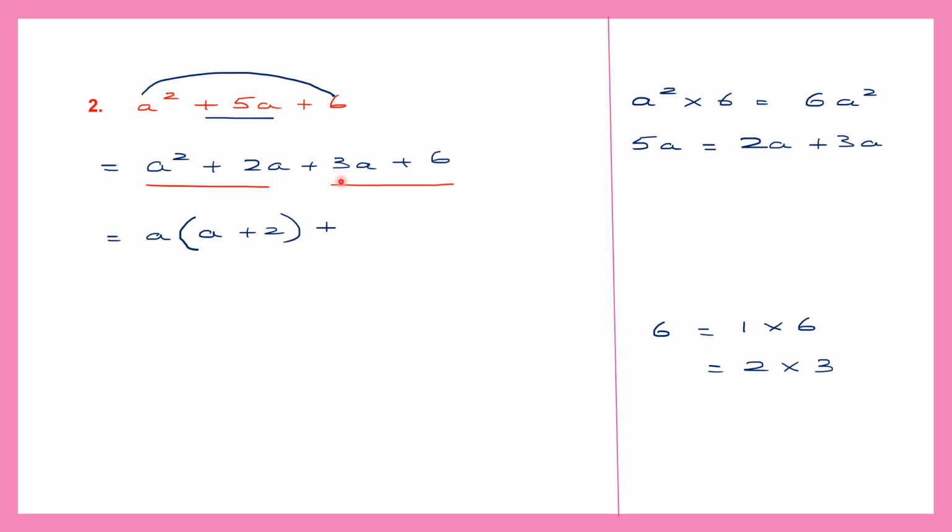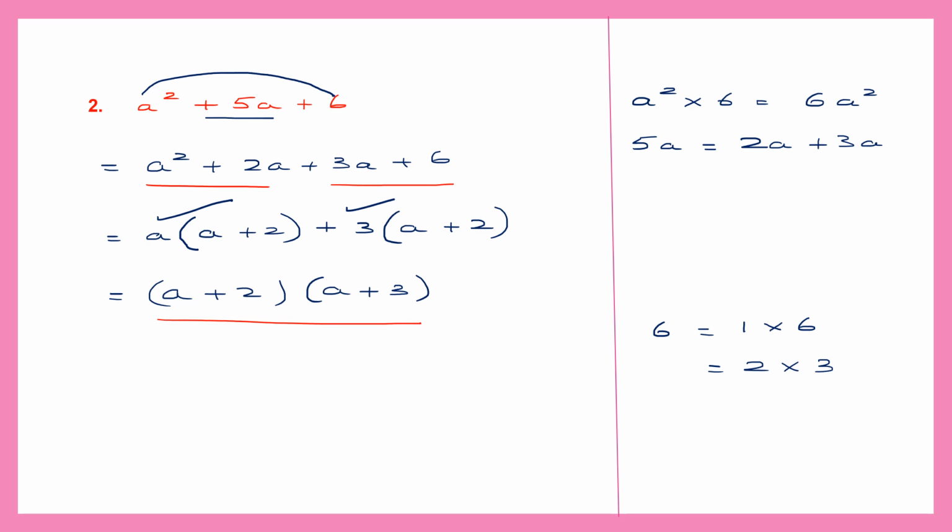Here, as you can see, 3 is common, so I can take 3 outside. Once I've taken 3 out, inside I just have to put a plus 2, since 3 2s are 6. Now you can see these two are the same, it's common. So that will be my first factor, a plus 2, and what is left is a plus 3. This is my answer, a plus 2 into a plus 3.